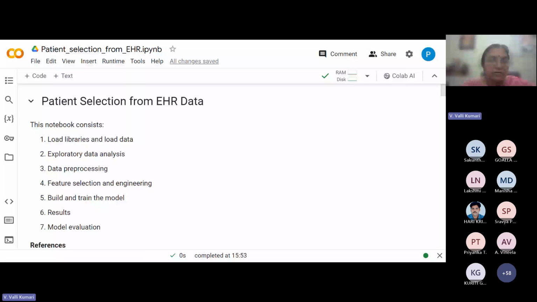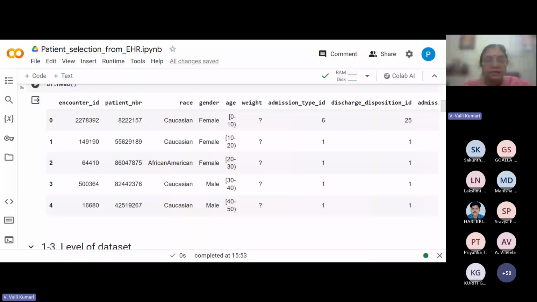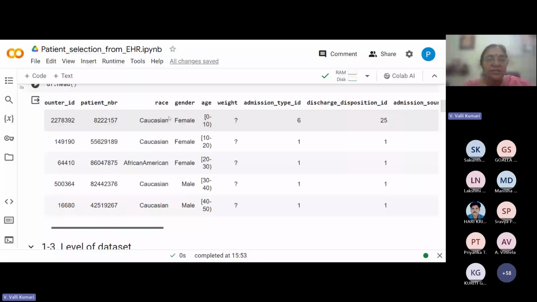So the encounter ID, the visit ID, and country, gender, age, weight, admission type.